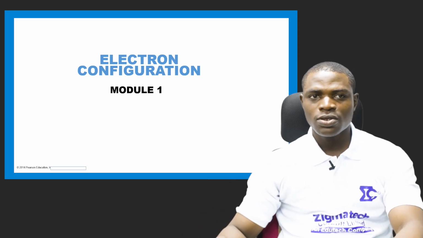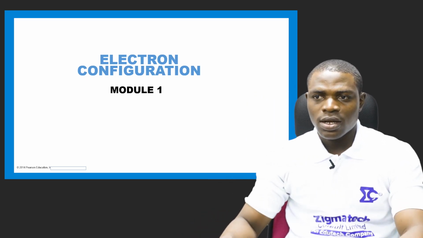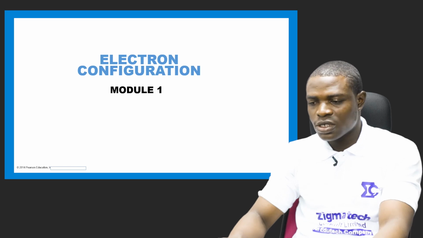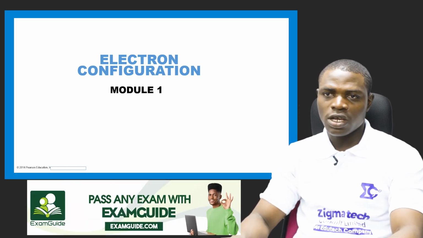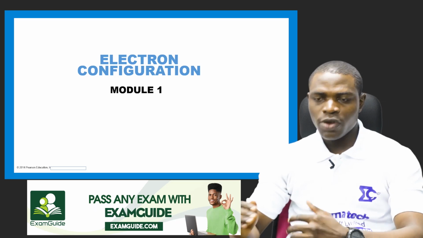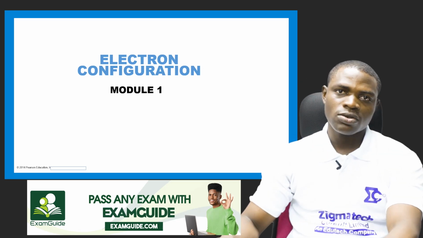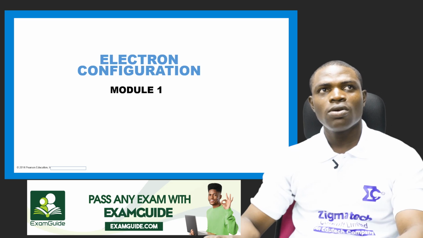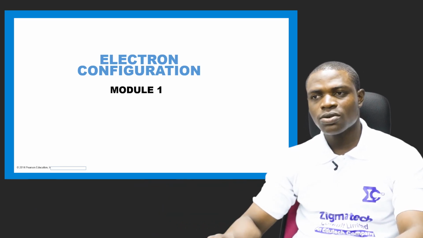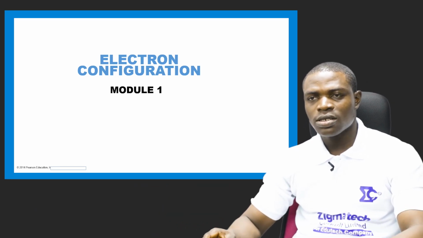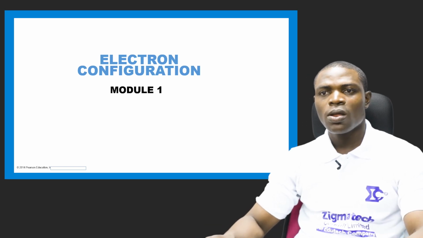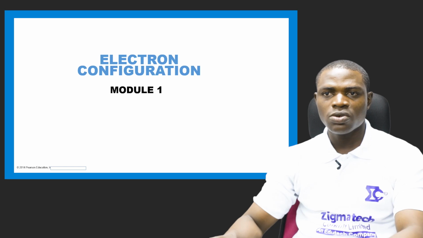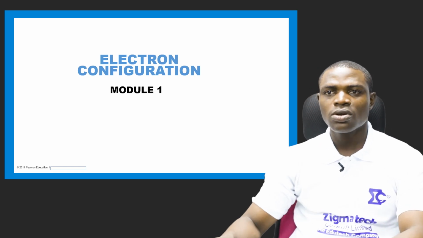Today we are going to look at an important topic in chemistry, and it is electron configuration. If you have watched our previous videos, you will have seen how we are able to demystify the background of the periodic table, the arrangement of electrons in the periodic table, the groups in the periodic table, and the trend in the periodic table.